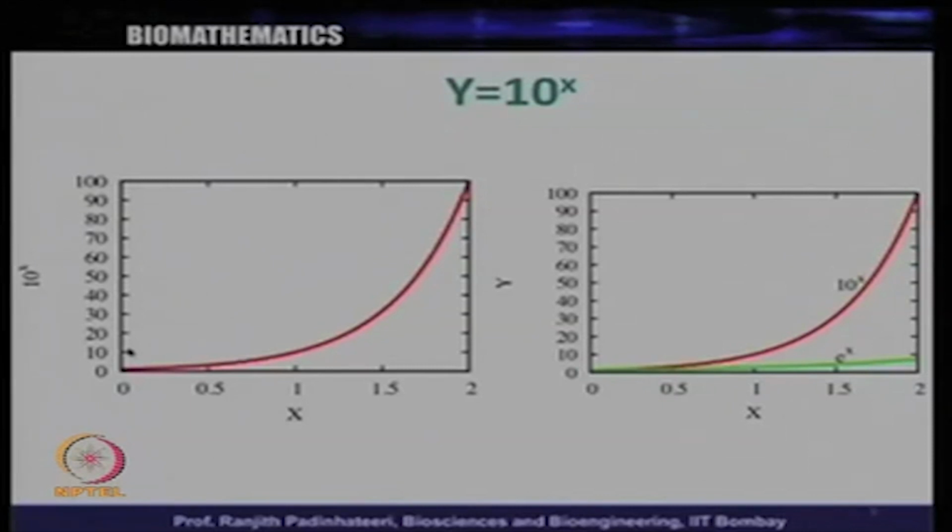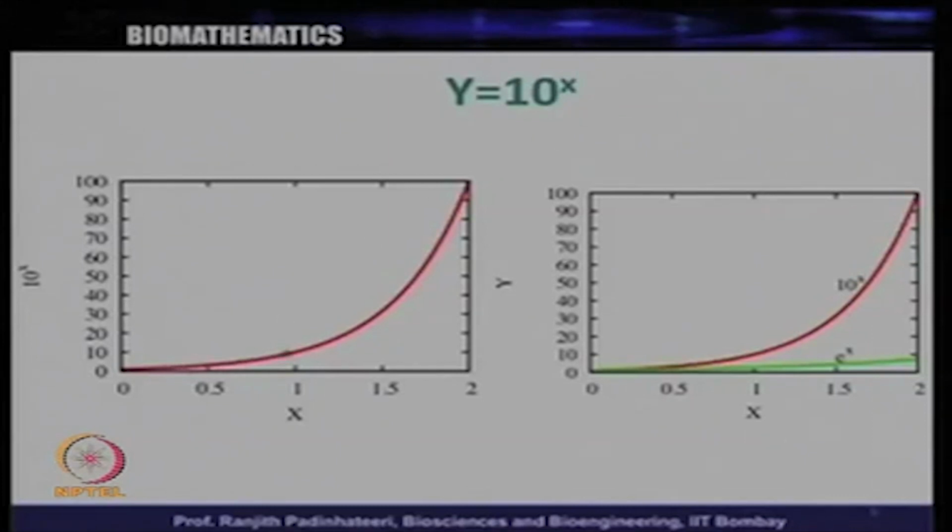So, the function is y equal to 10 power x, and as you see in the graph, this is also an exponential function. x is in the exponent, so 10 power something.